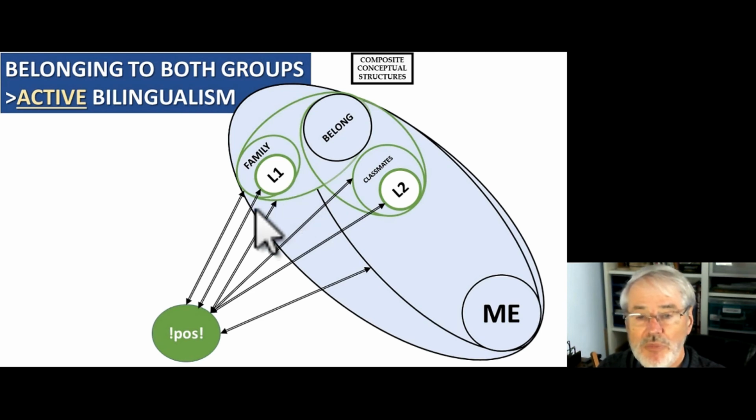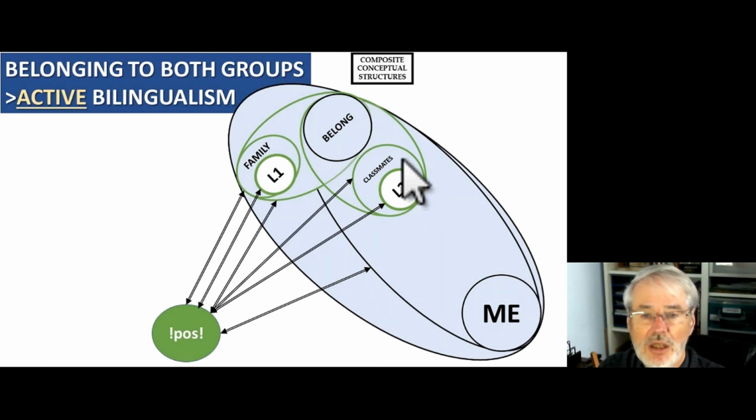And when I go to school, I find myself in a situation where I have classmates who I value positively, and they happen to speak a second language which I also value positively. In fact, as a result of continuous rich input, I have managed to acquire it and become bilingual. So no problems here.